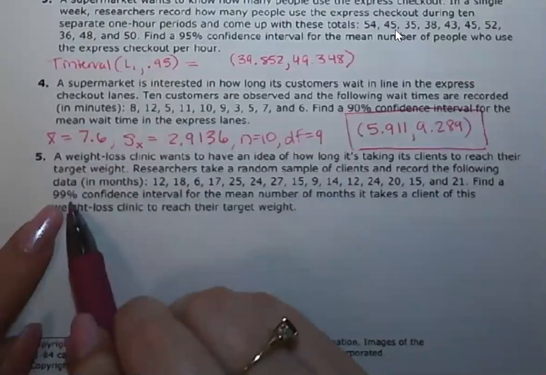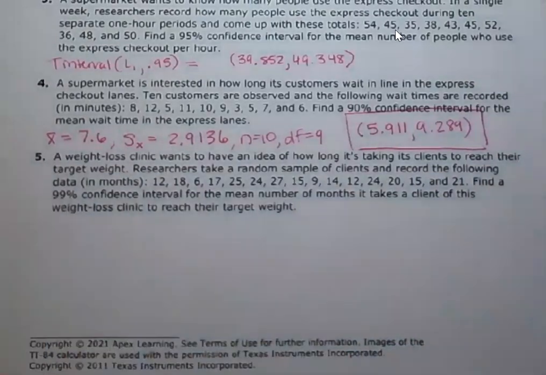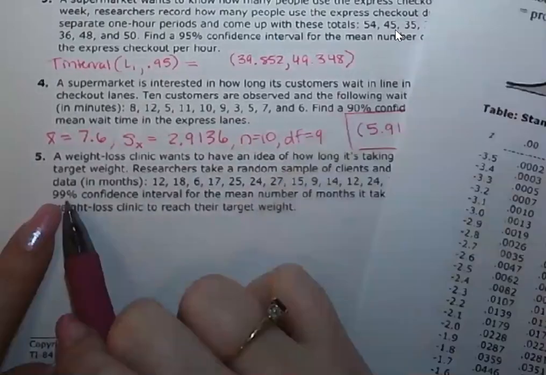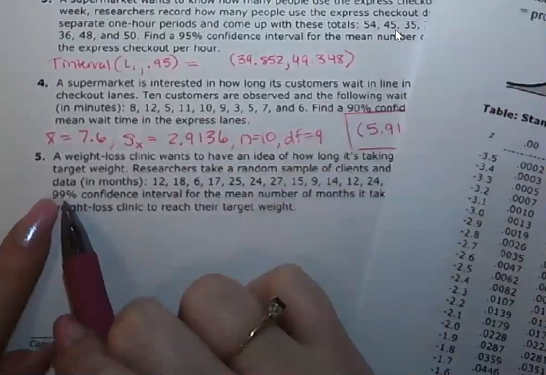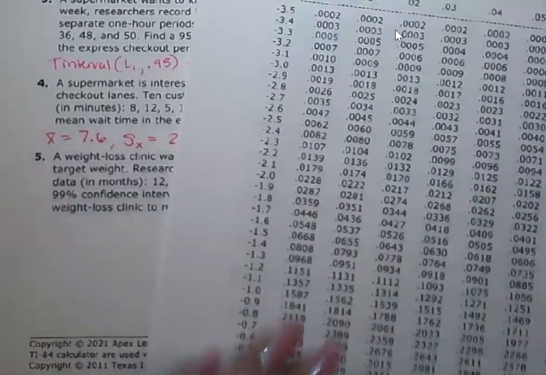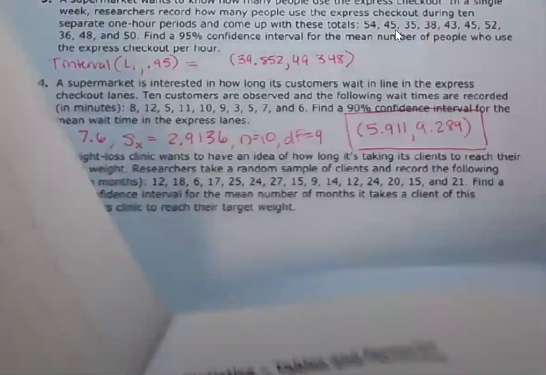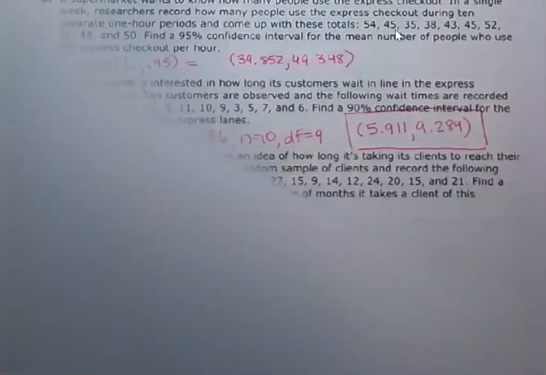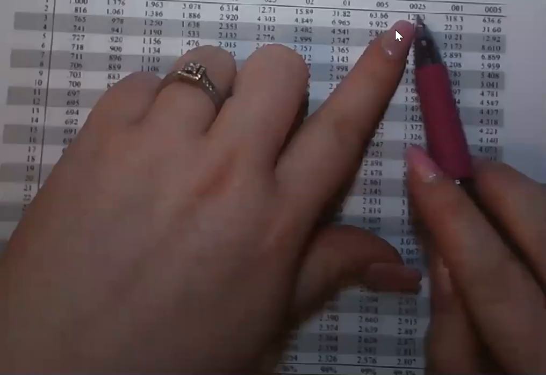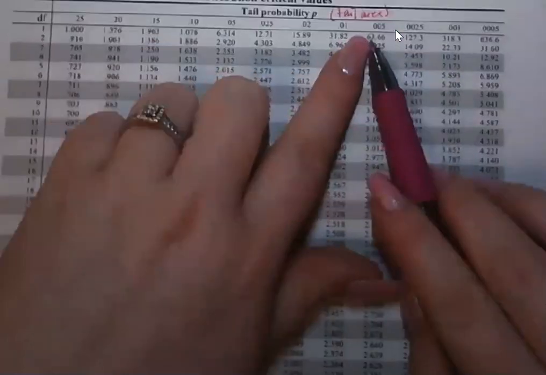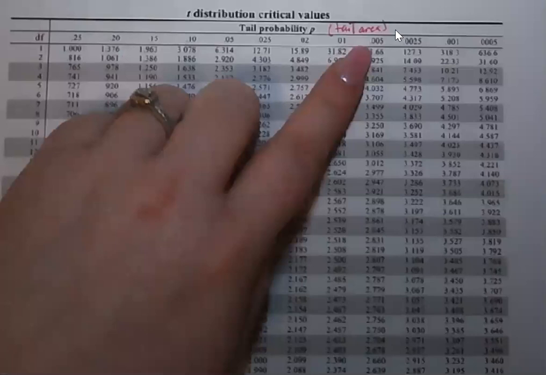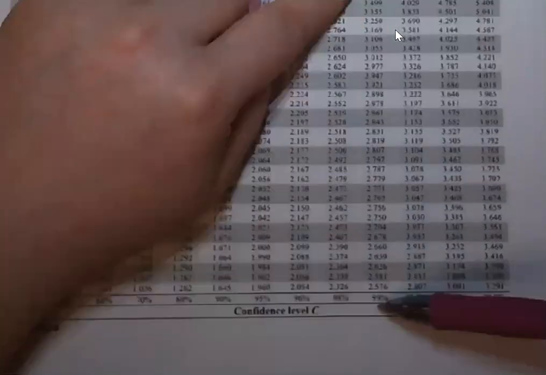Okay, so I can grab out my table here, not using my calculator. If we're doing a 99% confidence interval, that means my tail area will be 0.005. Find the correct table here. So 0.005 is here, and it actually even says on the bottom here that it corresponds to a 99% confidence interval.